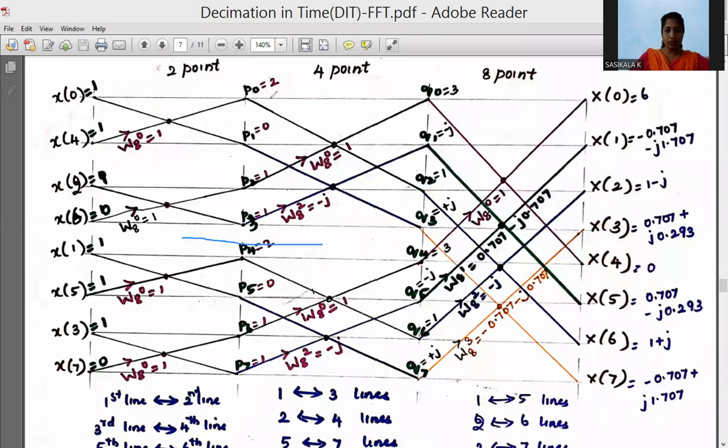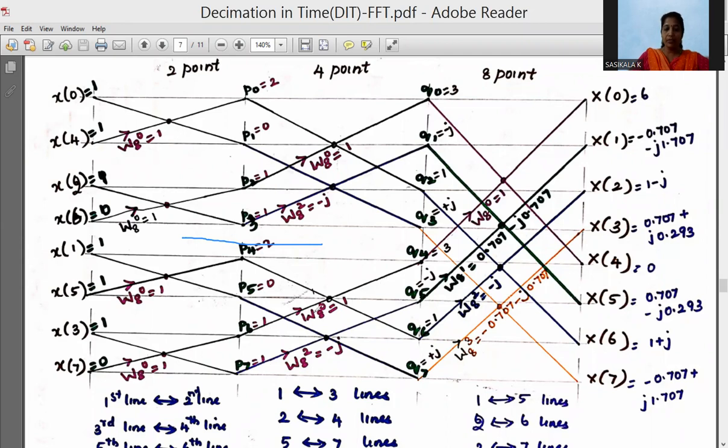That is the first 4 lines, 1, 2, 3, 4, and the second 4 lines are 1, 2, 3 and 4. I'm talking about the horizontal lines. Now first join the first and the third line.